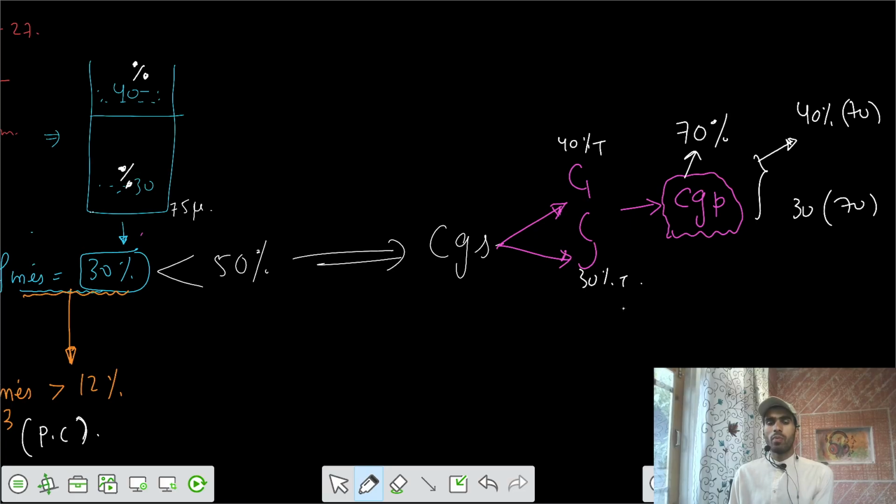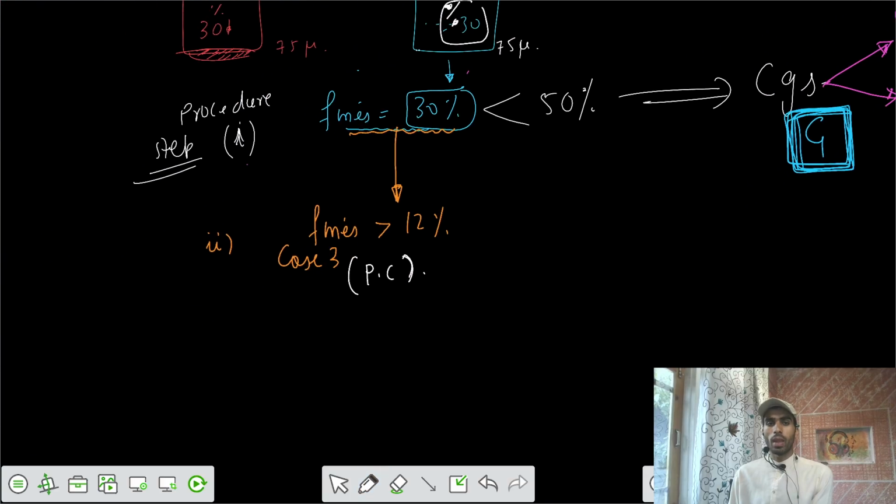But based on direct observation, we can say that 40% is more and 30% is less. So the soil would be gravel, coarse grain soil, that is gravel. So we got the prefix. Now we need to get the suffix from the plasticity chart.